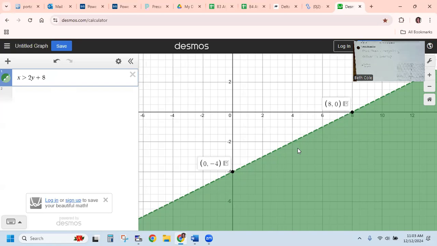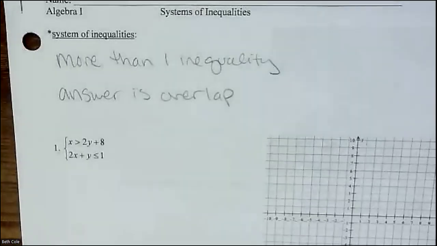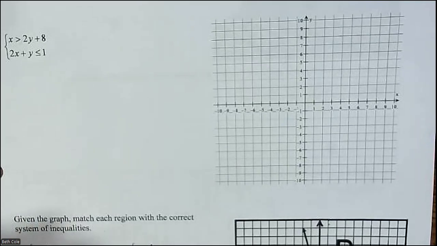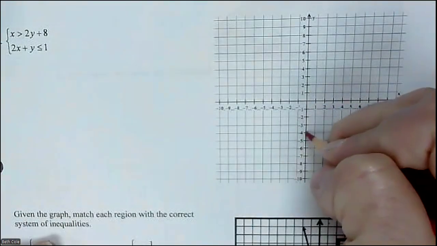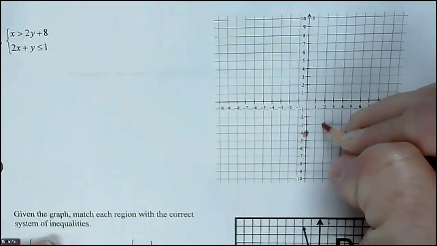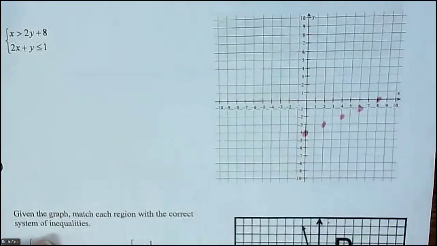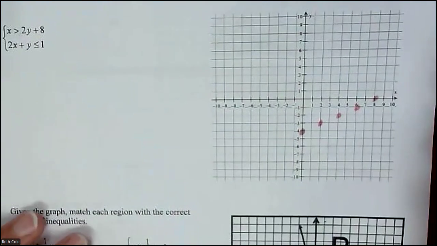Okay. Well, my scale is a little bit off. It's going to be up 1 over 2. But we're going to start at (0, -4). So take your first color, whatever your first color is. Mine's going to be this pinkish reddish here. We're going to start at (0, -4). And your slope was 1/2. So up 1 over 2. It goes to (4, -2).